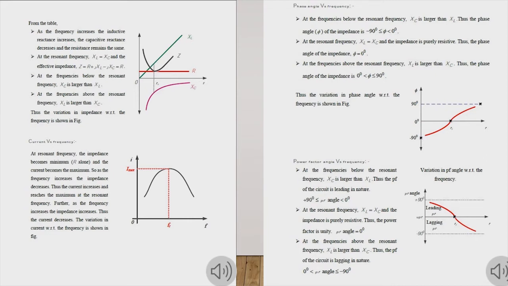Thus, the power factor is unity. Power factor angle equal to 0 degree. At the frequencies above the resonant frequency, XL is larger than XC. Thus, the power factor of the circuit is lagging in nature. 0 degree less than power factor angle less than or equal to 90 degree.